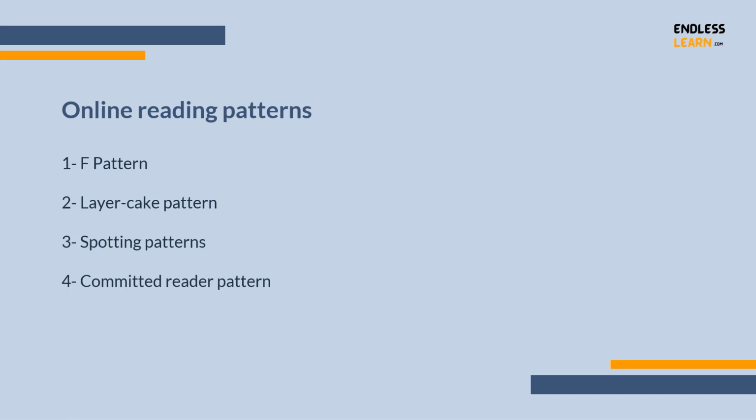Like I mentioned before, you can't assume this case because you can't guarantee readers will be committed. Also, using formatted text that is readable, which will lead to readers following spotting patterns or layer cake scanning patterns, will be much better than writing just paragraphs that feel boring and will make people use the F pattern to try desperately to scan the content.